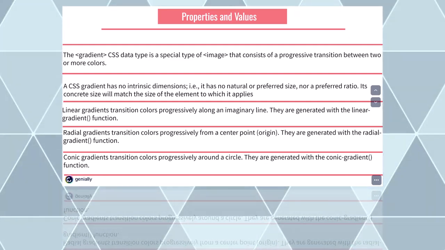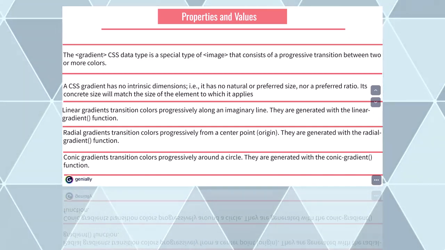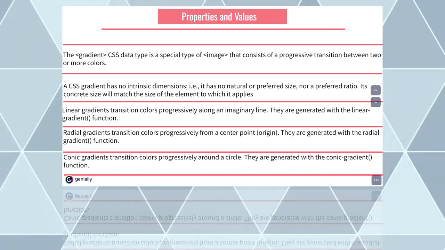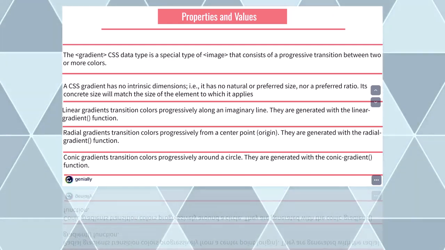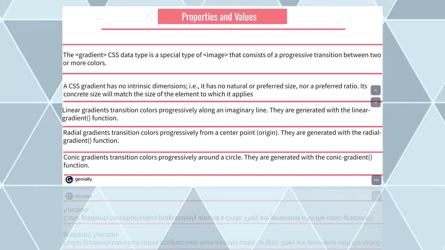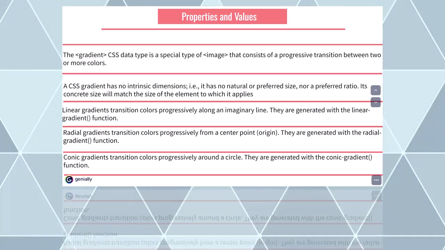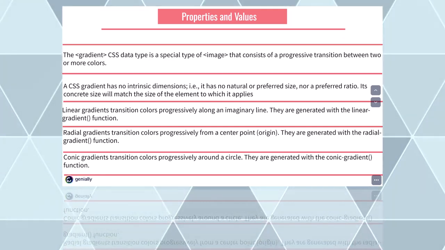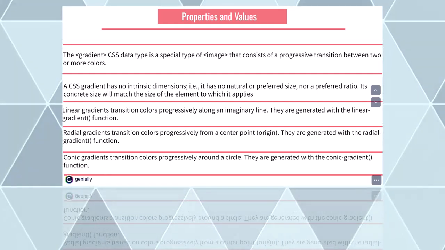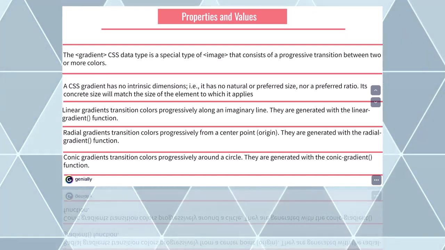The gradient CSS data type is a special type of image that consists of a progressive transition between two or more colors. A CSS gradient has no intrinsic dimensions. It has no natural or preferred size, nor a preferred ratio.